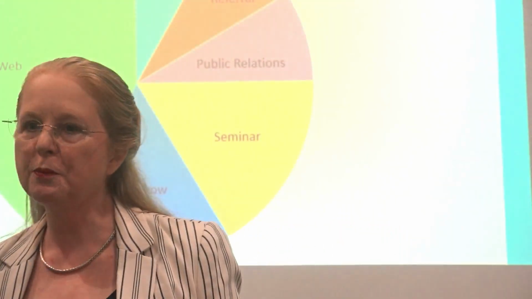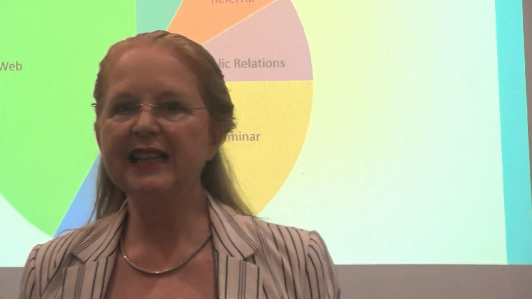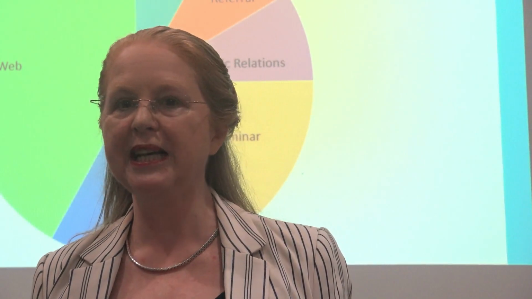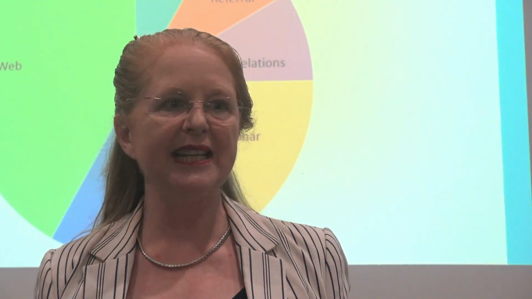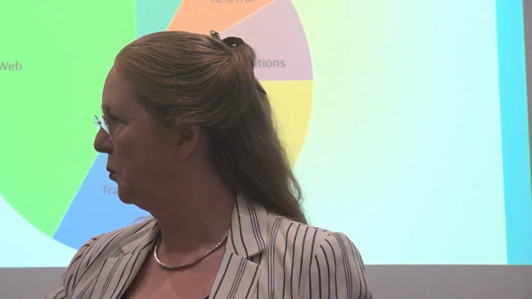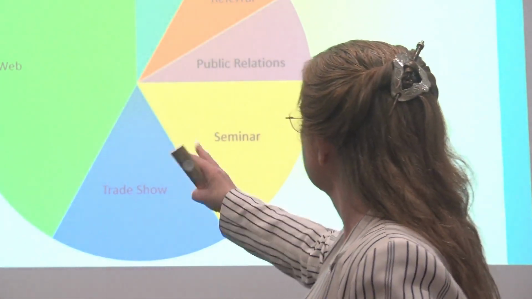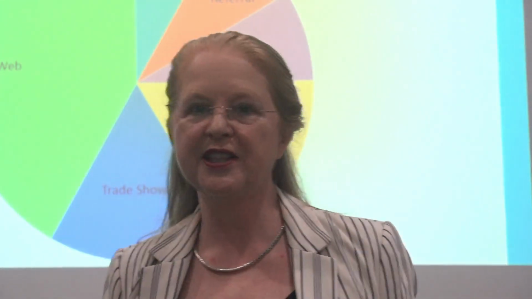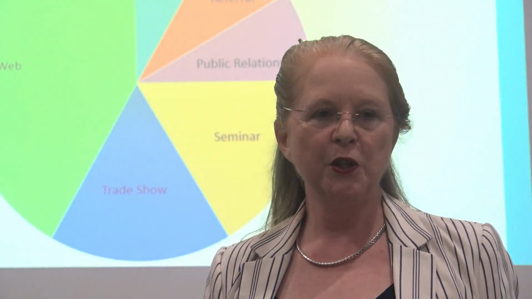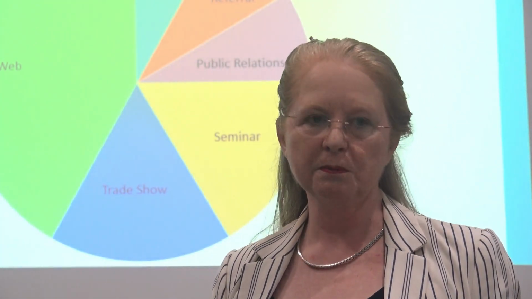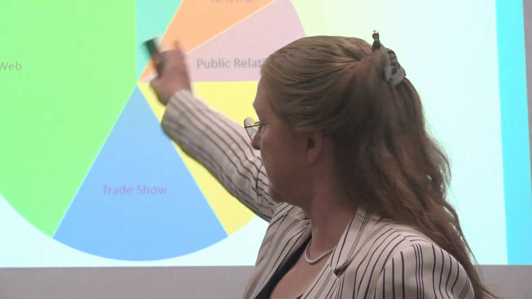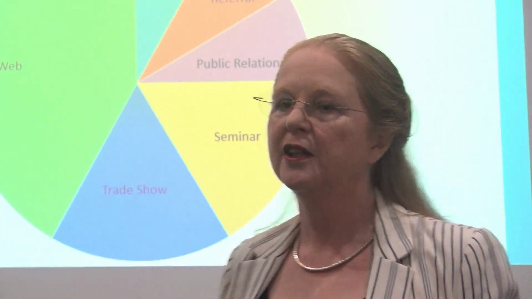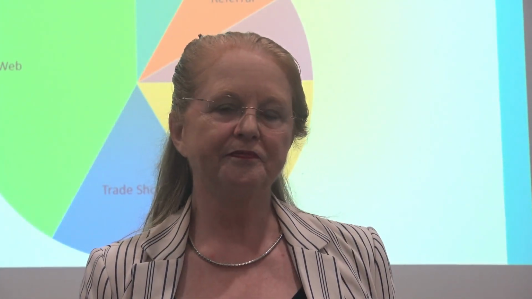So, for most people, their leads will be coming from some combination or something similar to what we're seeing here. Not all of them, I admit. But I think most of you could say hand on heart that your leads come from a subset or a permutation or something similar to this chart.